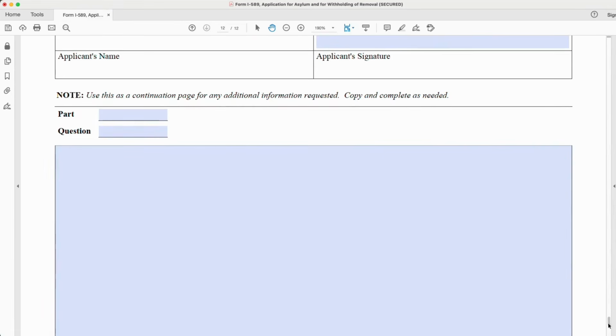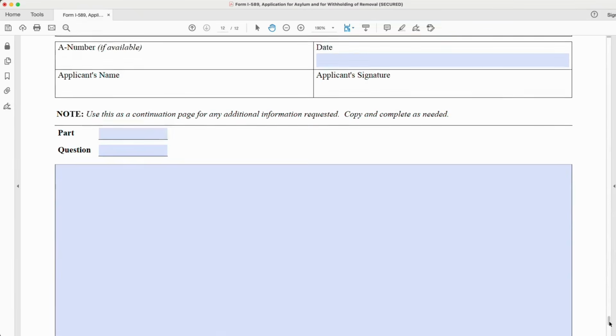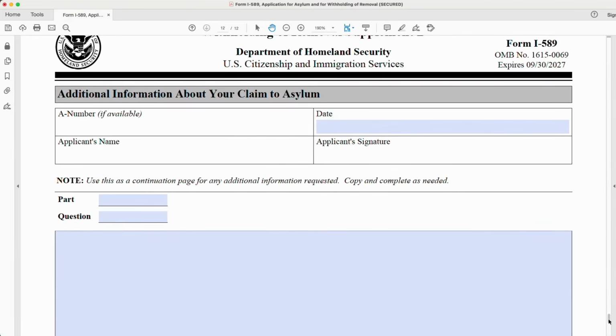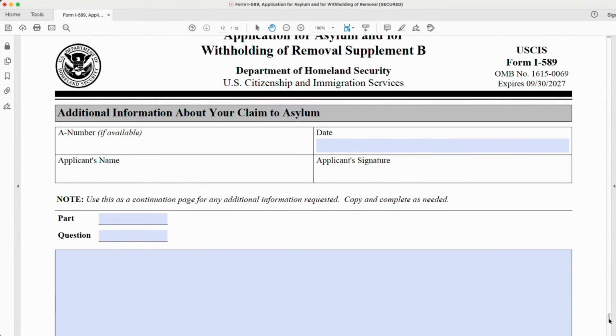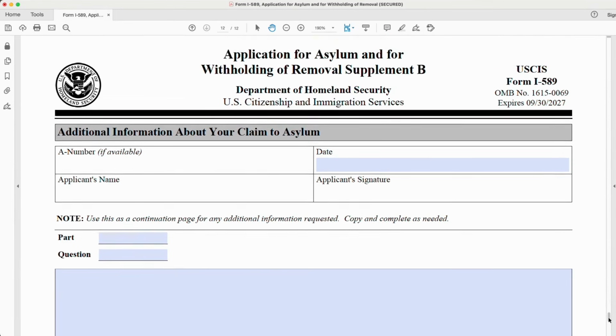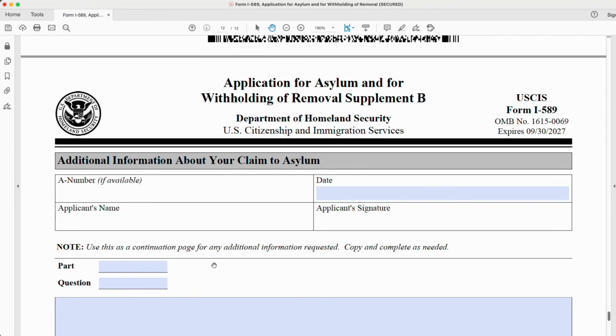Or you can continue providing even more detail on a separate written statement called a declaration. If you add a separate written declaration, it must include your printed name, your A number if you have one, and your signature and the date.